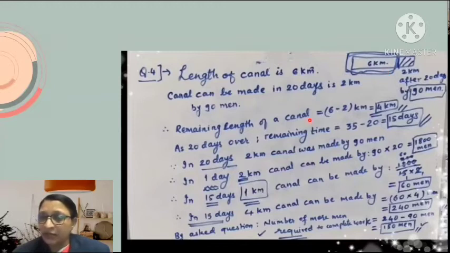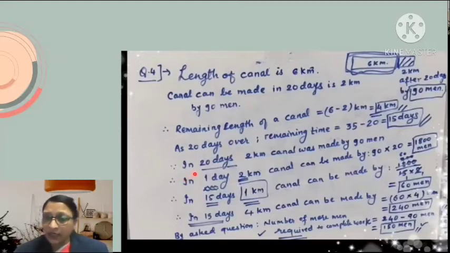That means the remaining length of canal is equal to 6 minus 2 kilometers, that is 4 kilometers. As 20 days are over, we now calculate the remaining time from the total time minus the days which are over. That is 35 minus 20 is equal to 15 days.